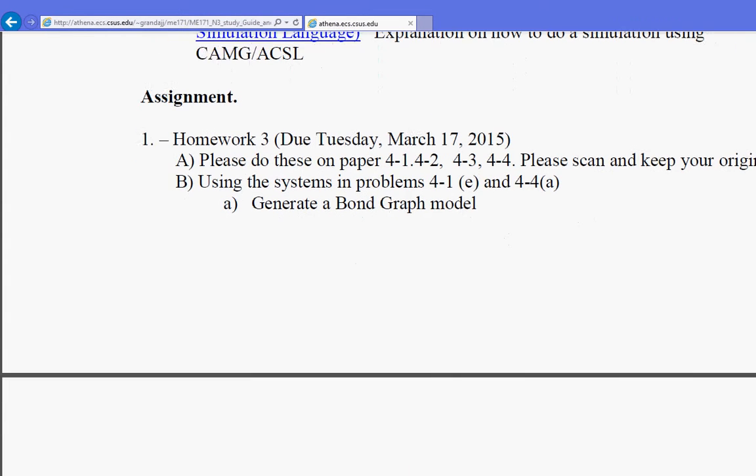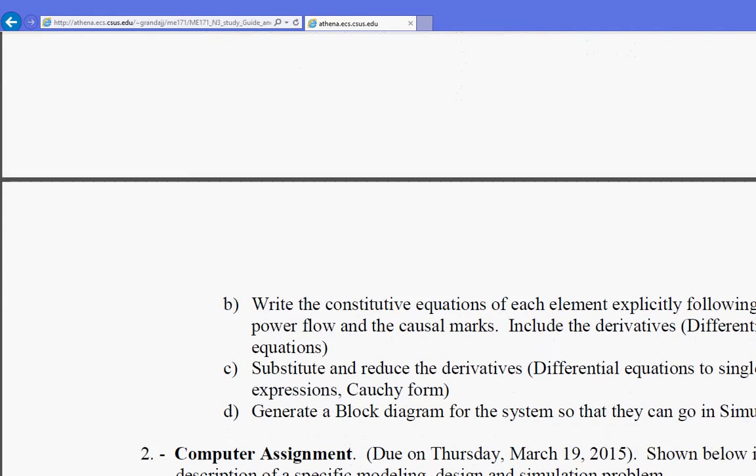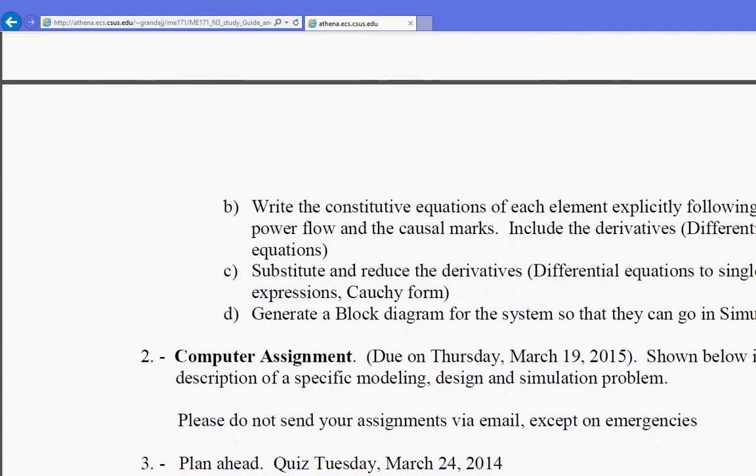I would like you to write the constitutive laws, the constitutive equations of each element following the power flow, with the idea that now if we present a system using a bond graph model, we should be able to obtain its equations.